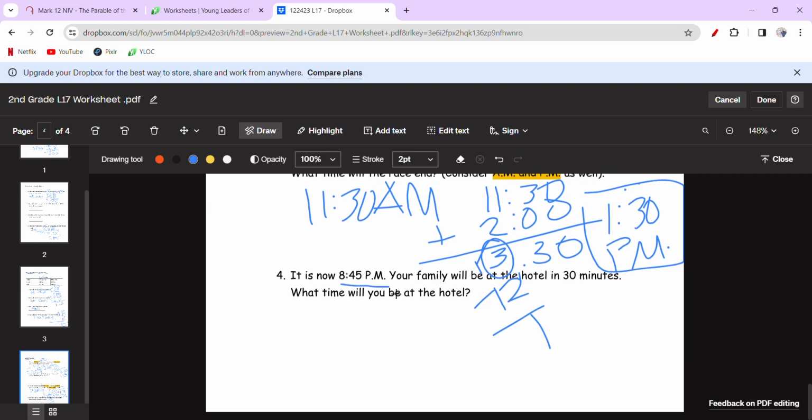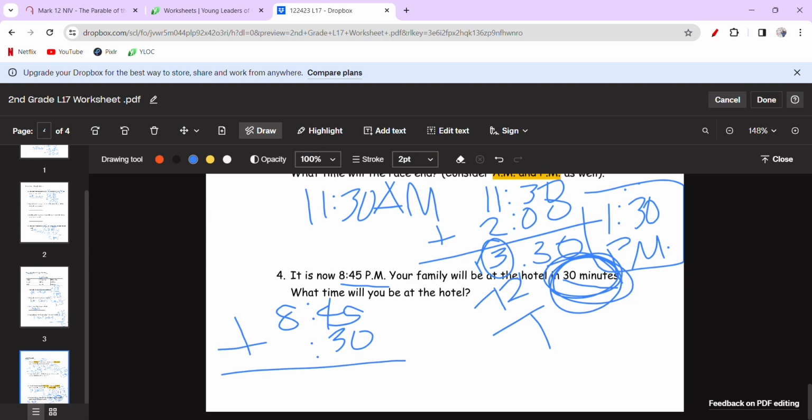It is now 8:45 p.m. Your family will be at the hotel in 30 minutes. What time will you be at the hotel? Same thing, we just add the current time against how much it's going to take us to arrive, and we'll know the arrival time, which is 5 plus 0 is 5, 4 plus 3 is 7, 8, you just bring it down.